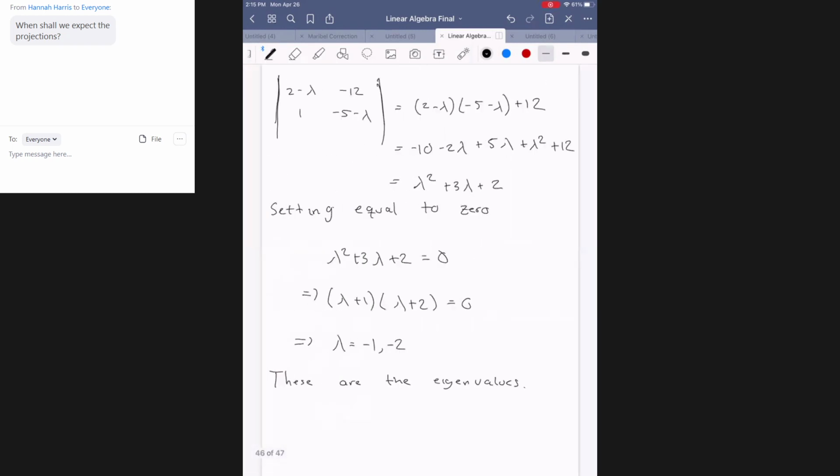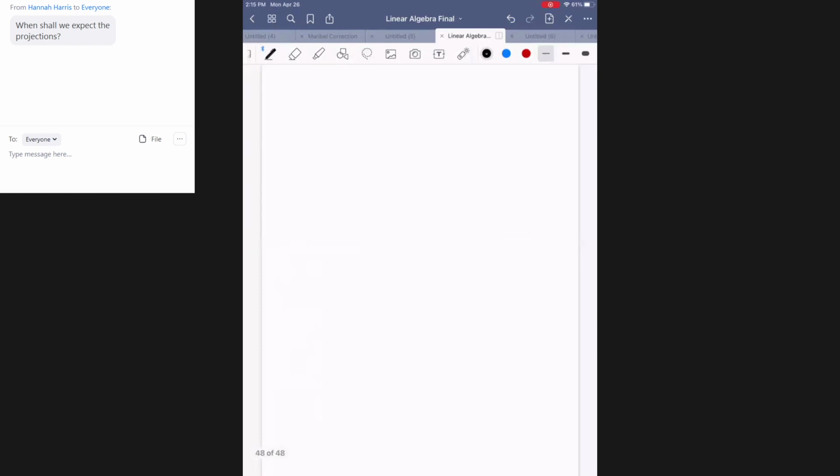Example 7.1.2: find the eigenvectors of A equals 2, -12, 1, -5.